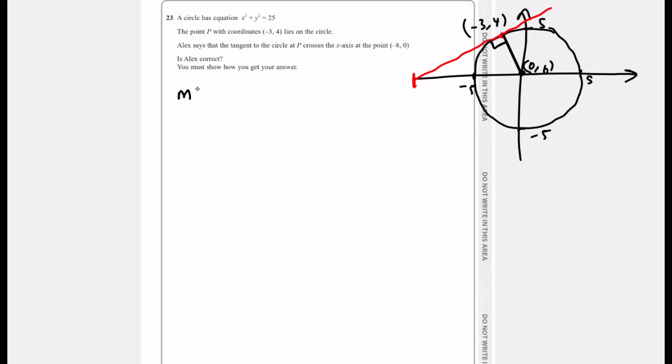So the gradient is the change in y, so that's 4 take away 0, over the change in x, -3 take away 0, which is -4/3. So the perpendicular gradient, the gradient of the tangent, is the negative reciprocal of -4/3, flip and change the sign: 3/4.